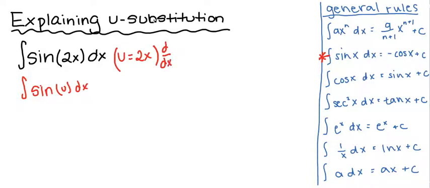You will then get du equals 2 dx. You will need to get dx by itself, so you will divide both sides by 2. You will then get 1/2 du equals dx.